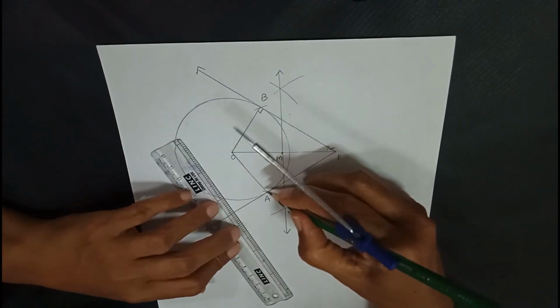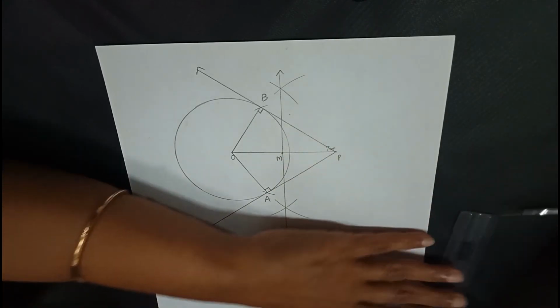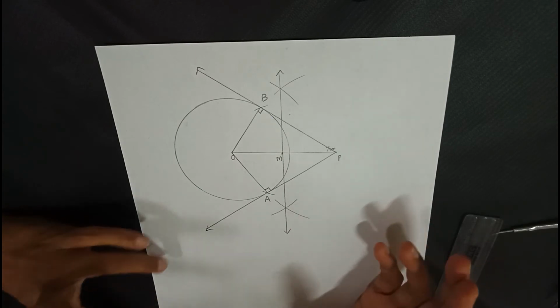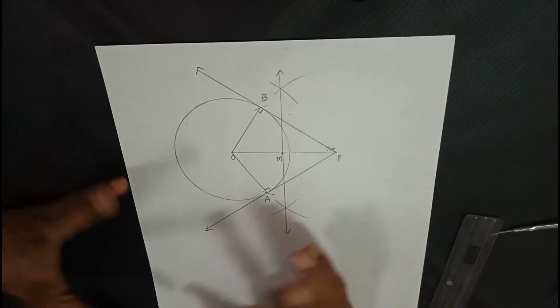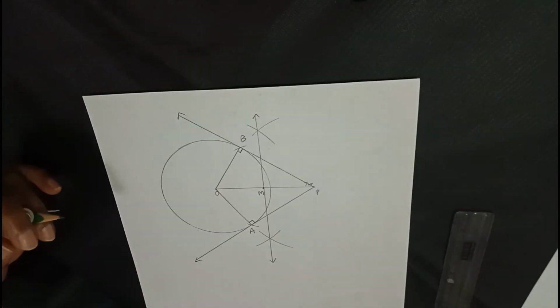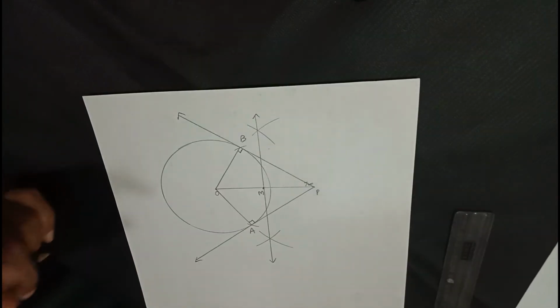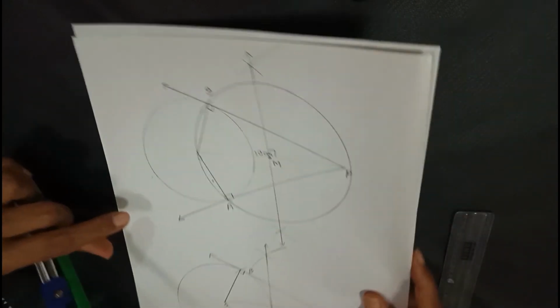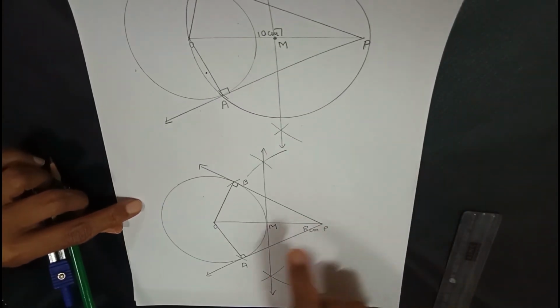Now in the first method, when we used the center, we had said that the tangent is perpendicular to the radius. In the second, we used the method that angles in alternate segments are congruent. So now let's see what principle we have used in this method to draw the tangents, or how are we sure that the points that we have selected will give us the tangent.